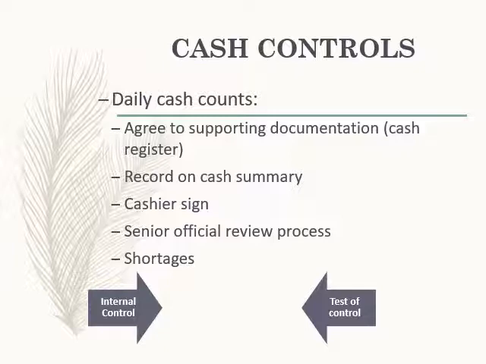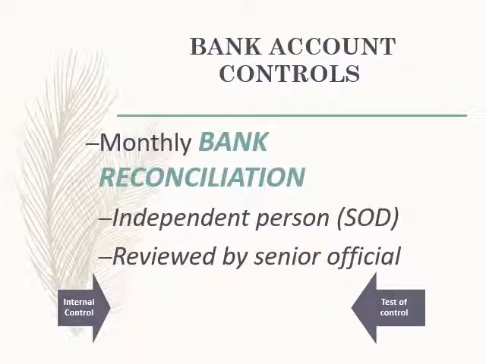Okay, just remember that where there are controls implemented by management, that needs to be appropriately tested by the auditor. The auditor's responsibility is not to implement the controls, but to test controls and make appropriate recommendations for where there are weaknesses in controls. Okay, so for your bank account controls, the main control there is the monthly bank reconciliation that is performed.